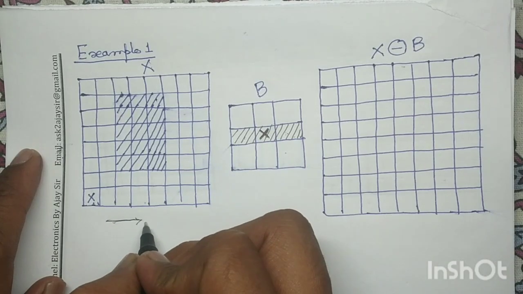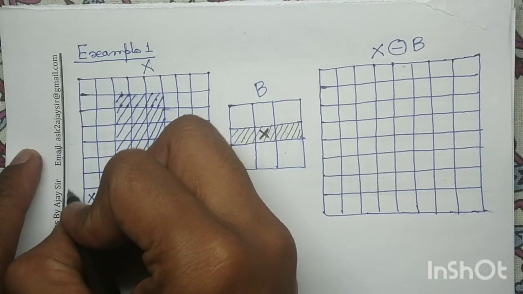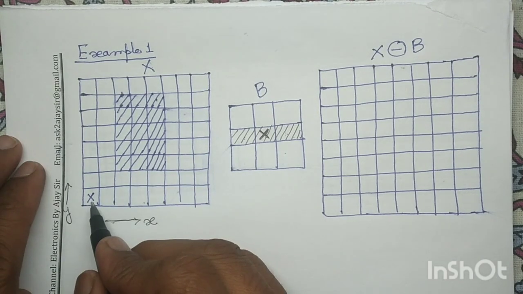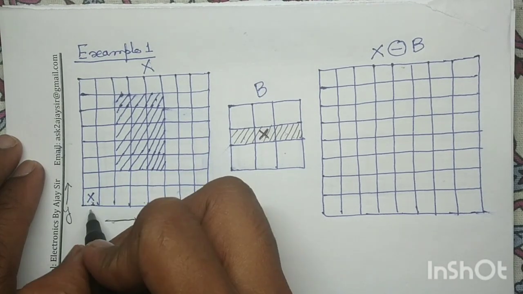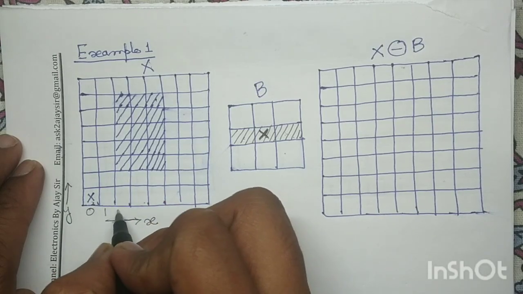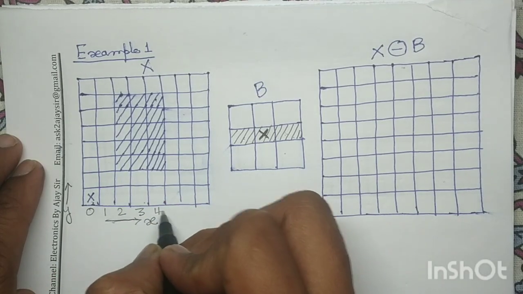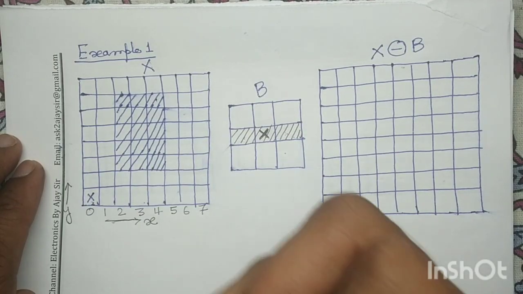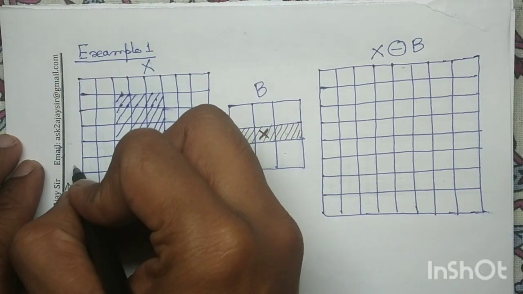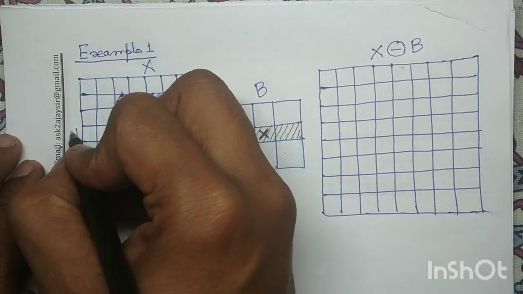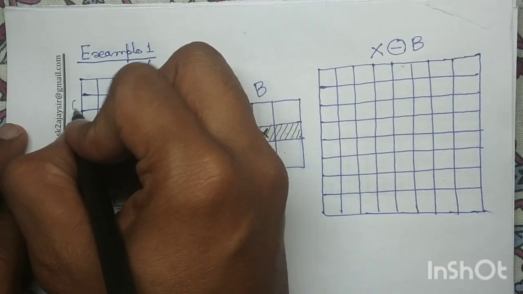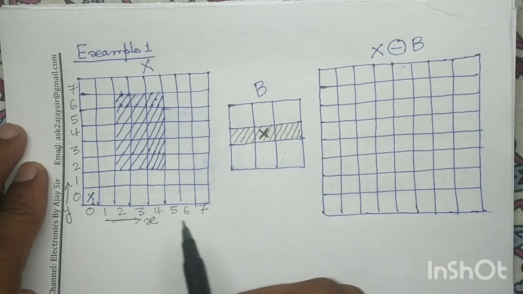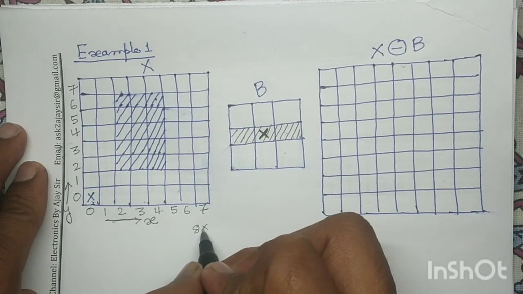Let's suppose this is my X direction and this is my Y direction. So it starts like this: 0, 1, 2, 3, 4, 5, 6, 7 along the X direction. Similarly, along the Y direction it is 0, 1, 2, 3, 4, 5, 6, 7. The input image X has the dimension 8 cross 8.